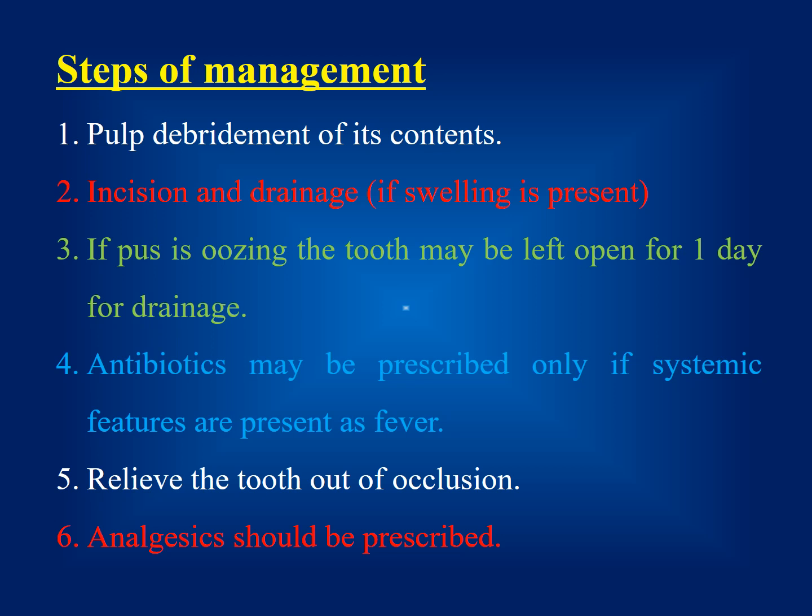Of course, this is controversial, but it may be helpful to make the pressure that's periapically decrease by decreasing the amount of pus that is there. Antibiotics may be prescribed only if systemic features are present, as fever, relieve the tooth out of occlusion, and give analgesics.